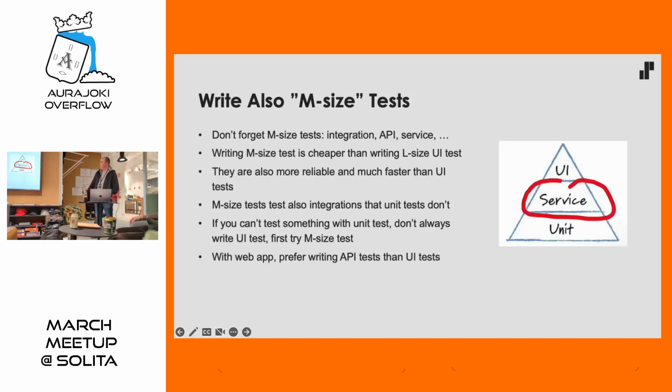It's important to notice that you should also write integration tests. I have been mostly talking about UI or end-to-end tests and unit tests, but there are those tests in between. Google uses S, M, L labeling on tests, so also write those M-size tests, or integration tests or service tests.